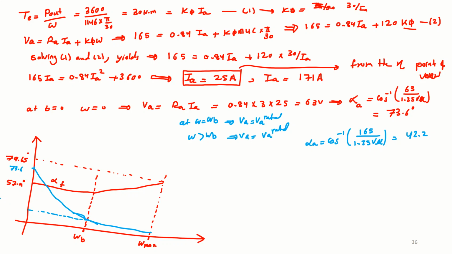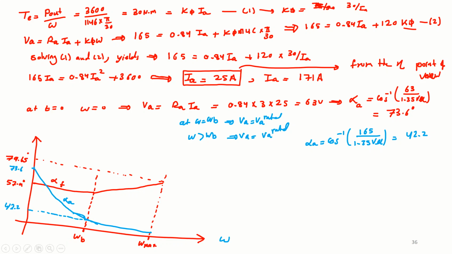So this is the 42.2, now as a function of omega, and this is the alpha A.